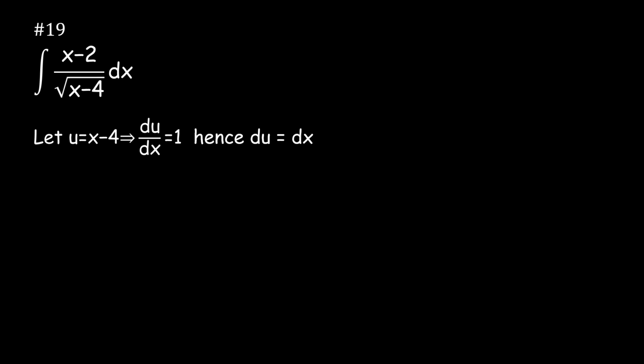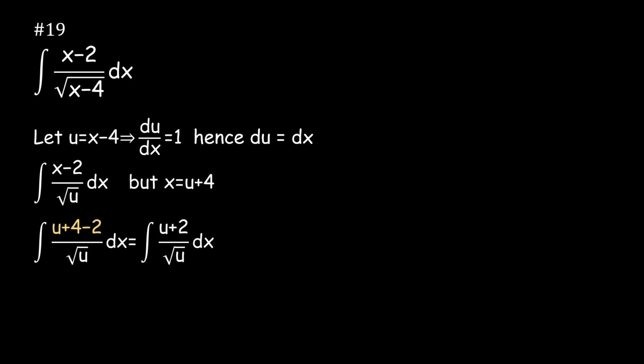But then we need to make x the subject of the formula so that we can substitute it back into the original equation. This method is called back substitution. Here we would replace x with u plus 4, so that we get (u plus 4 minus 2) over square root of u.